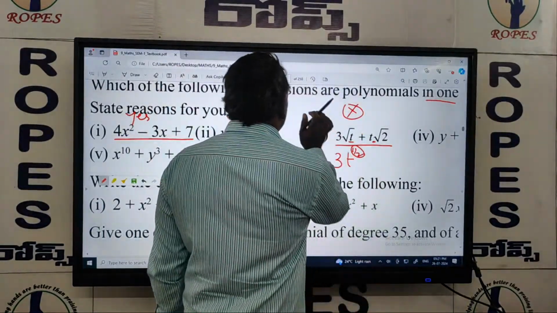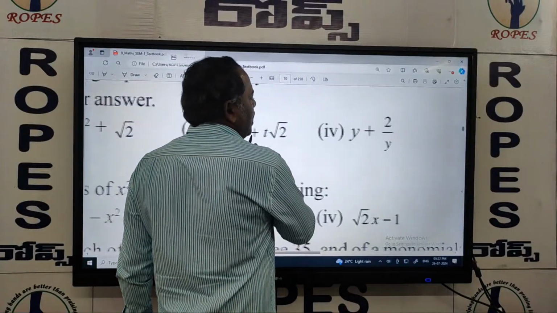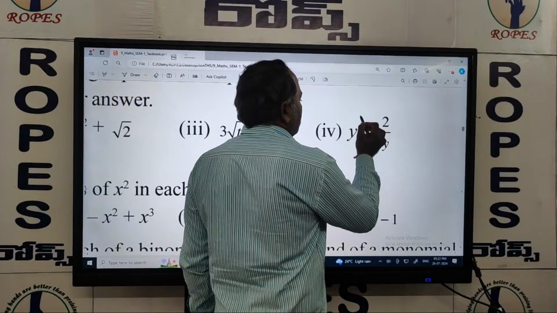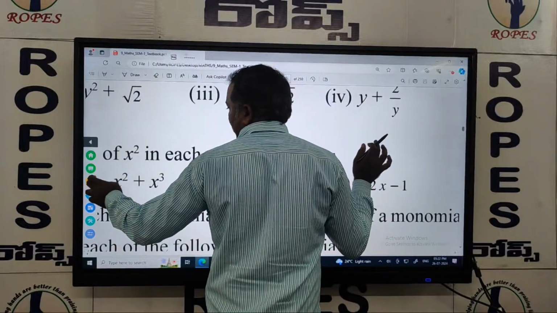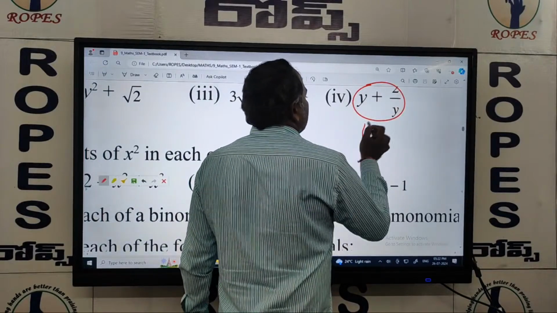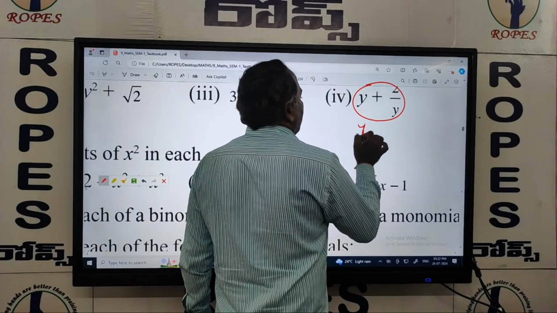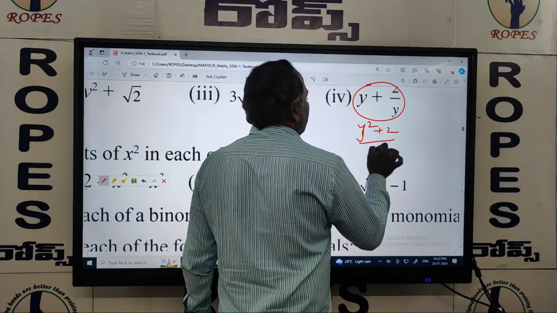Now, if you go to the next one, in this fourth one, they have given y plus 2 by y. If you change this one, we can take y square plus 2 by y.